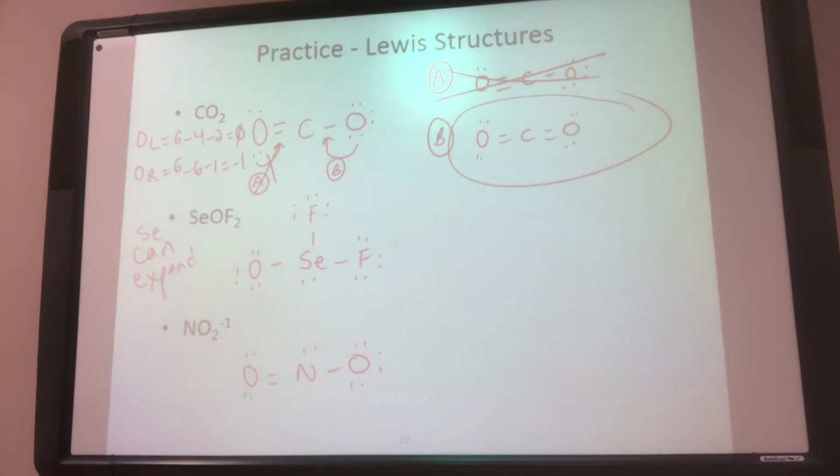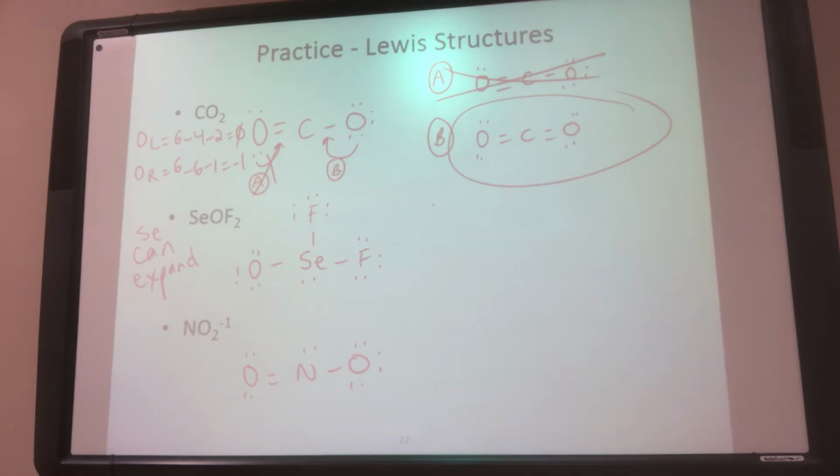So the next question we want to know is, will he expand? Is Se going to want to have more electrons than what he currently does? How we figure that out is we draw the expanded octet. The way that we draw the expanded octet is that we have to do the formal charge.